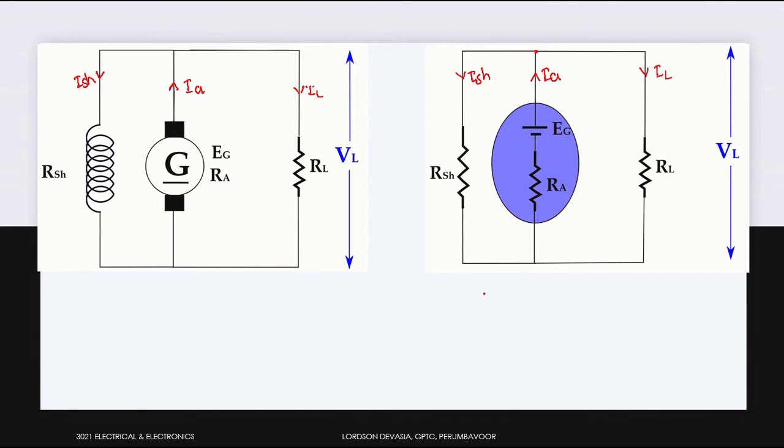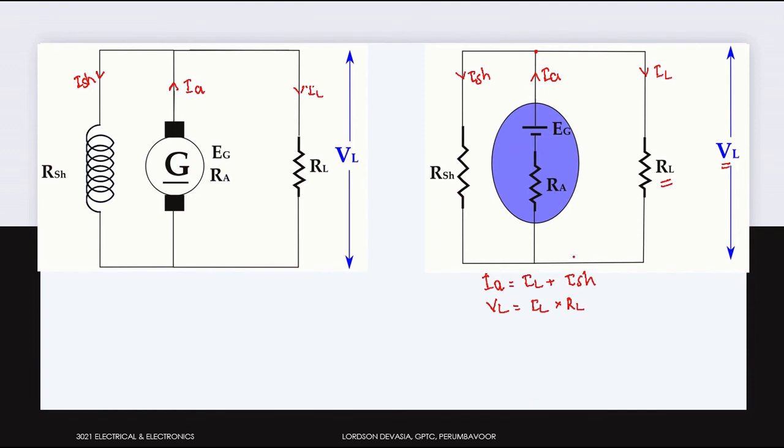By KCL, the entering current is equal to the leaving current, so IA is equal to IL plus ISH. Then what is VL? VL is the voltage across the load RL. The current through the load is IL, so VL is equal to IL into the load resistance RL.